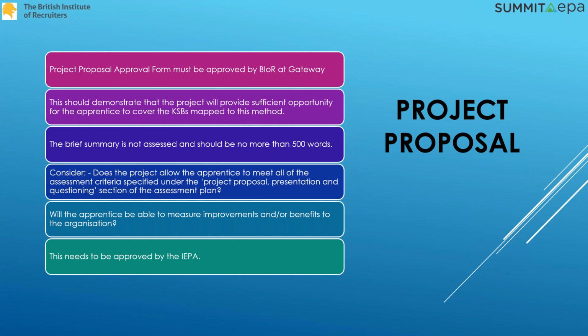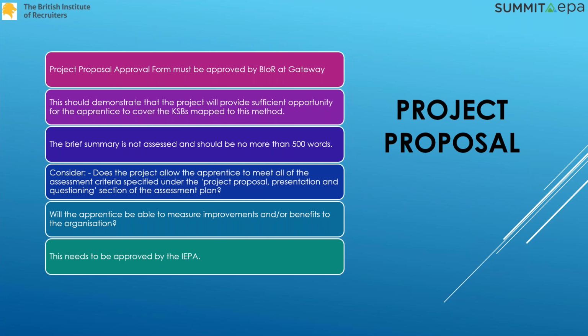What they're asking for now is, before they go into EPA, a proposal of the project they're going to actually undertake during that EPA process, which will have to be approved by us at Gateway.